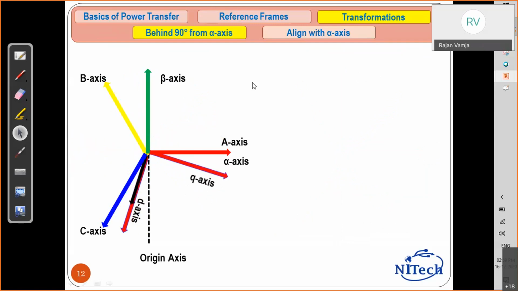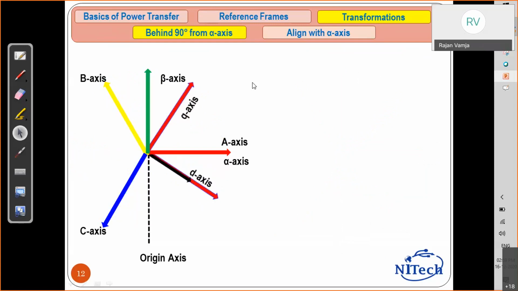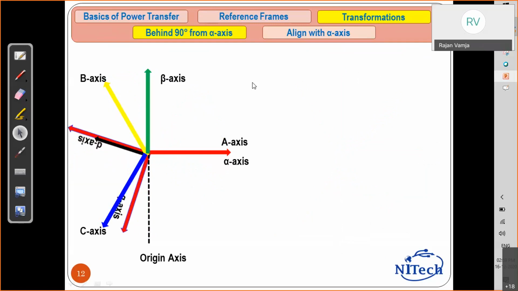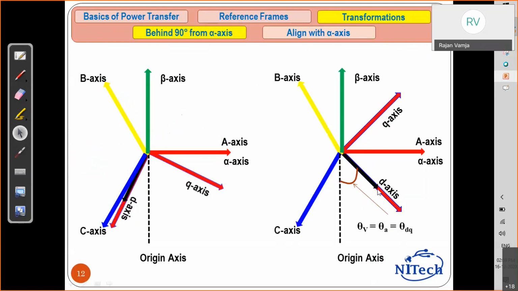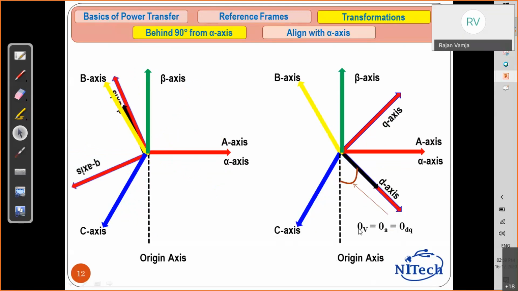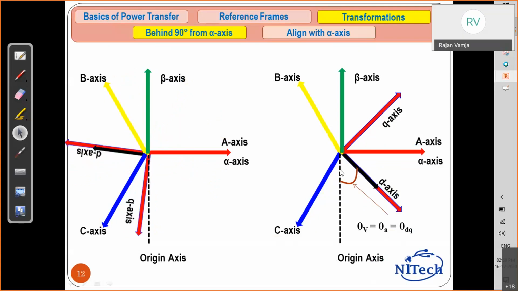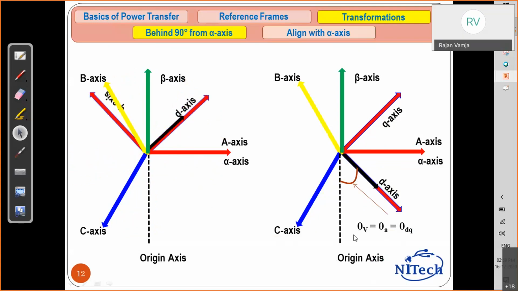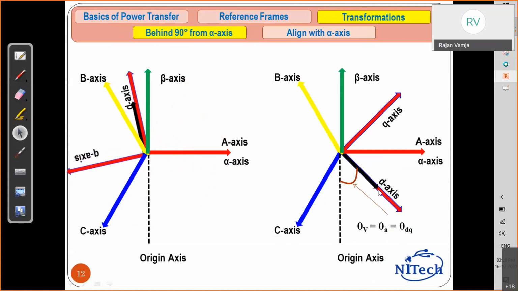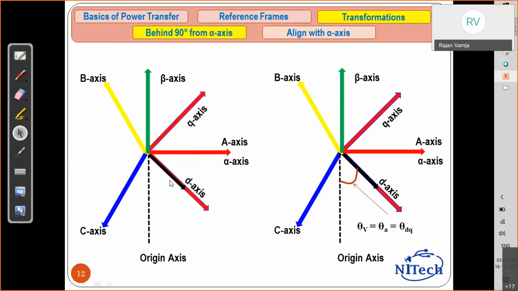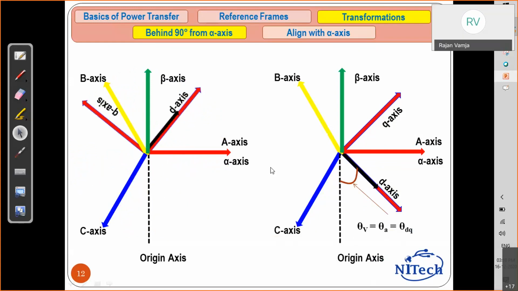Or we can say the vector is already present. We are rotating our axis such that it will always overtake the vector. So now this condition we want to achieve generally.